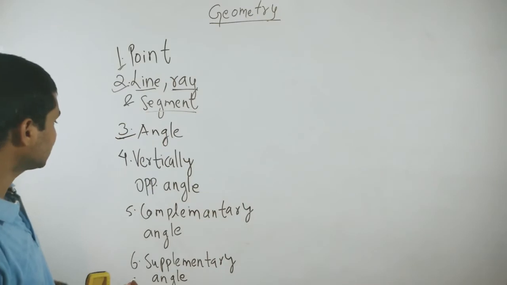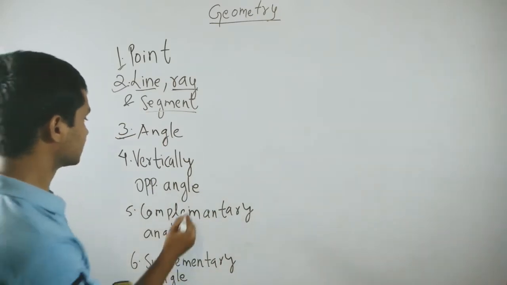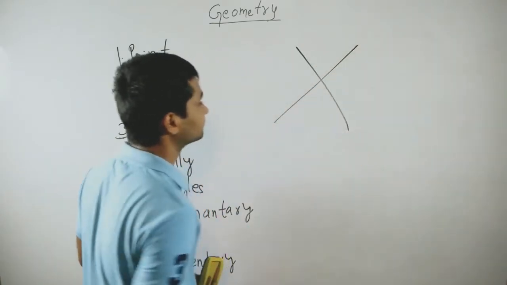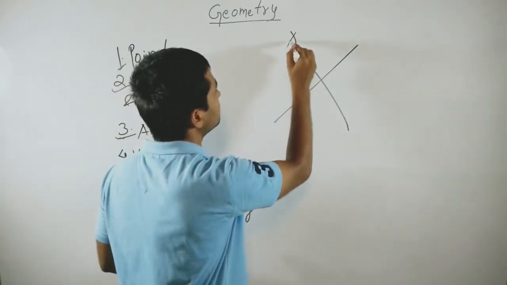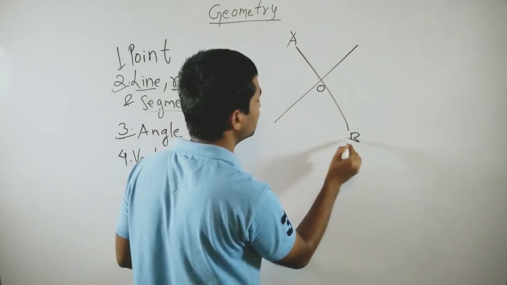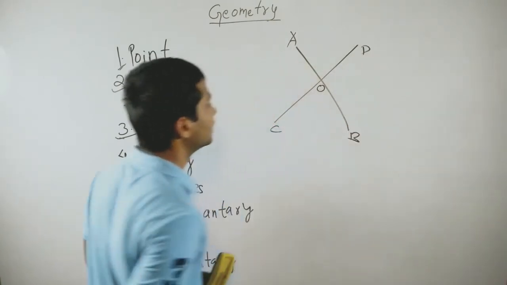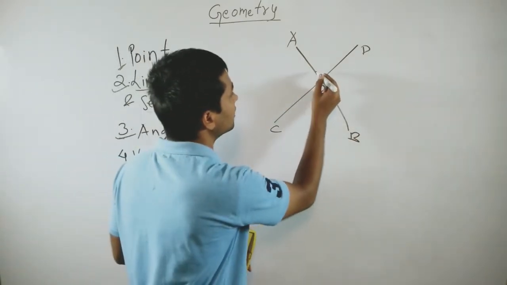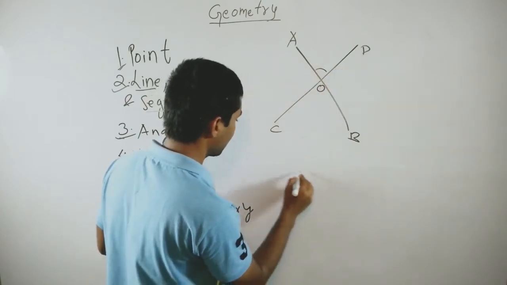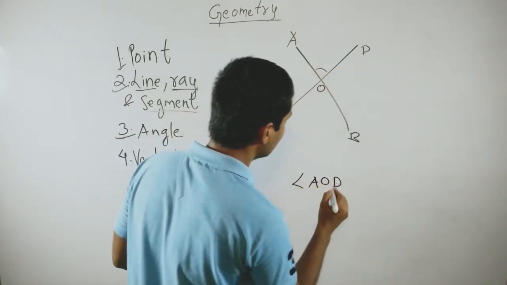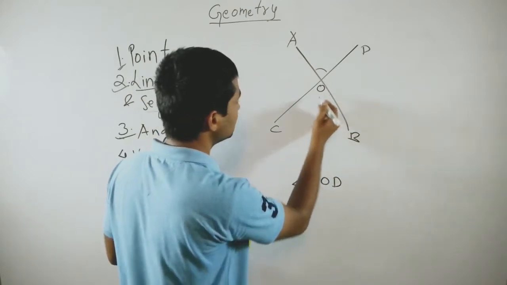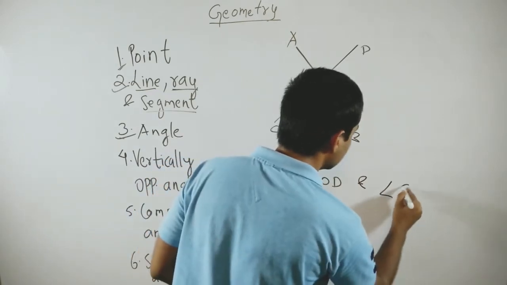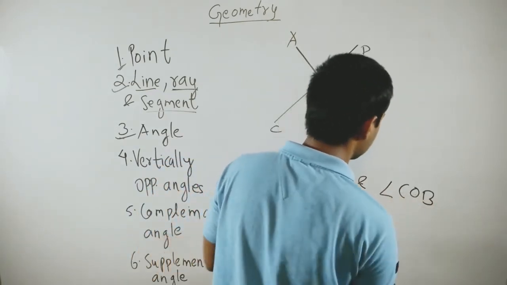Angle is done. Next is vertically opposite angles. See this figure. Let's call them AOB and COD. Here two angles lying on the opposite sides, for example, these are two vertical angles, angle AOD and angle COB.